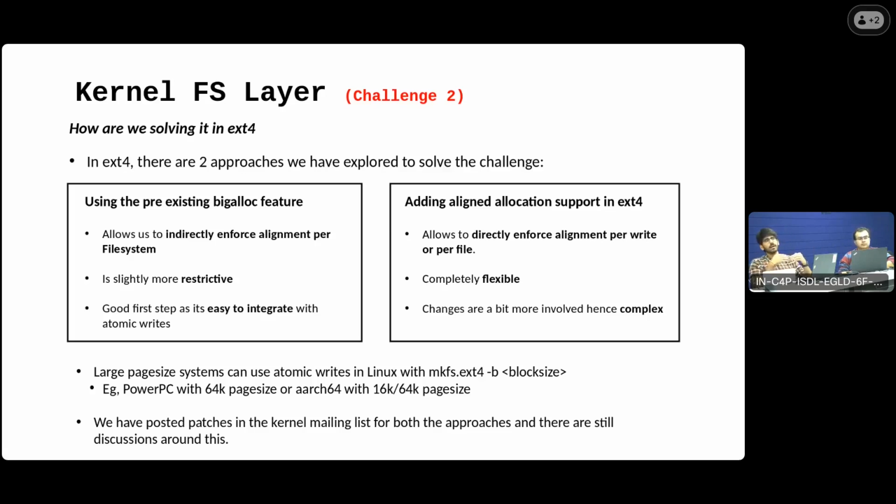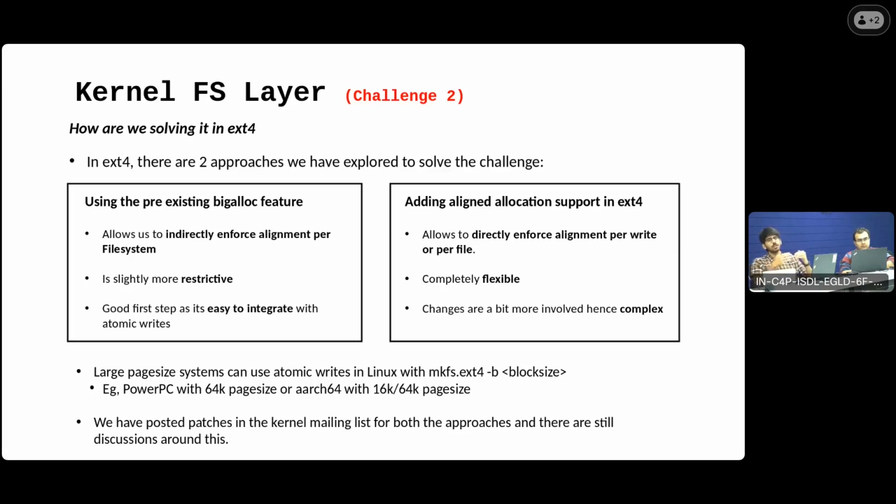How that helps us is, say if a storage device requires 32 KB alignment to do atomic writes. Now we can make a file system with big alloc and set the big alloc size, or the cluster size as we call it, to 32 KB. So now every chunk that the file system allocates will always be in a 32 KB limit. It can allocate 0 to 32 KB, then 32 to 64, and so on and so forth.